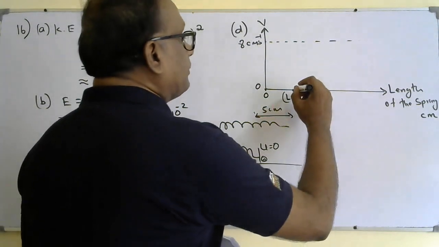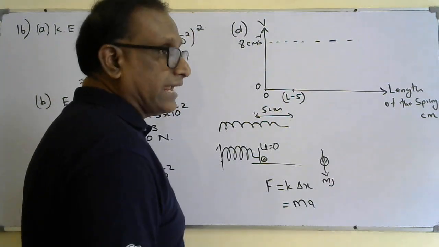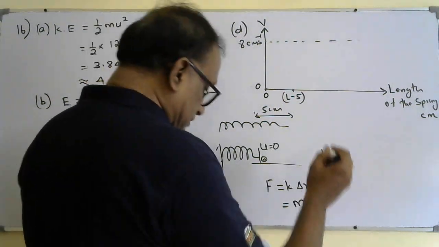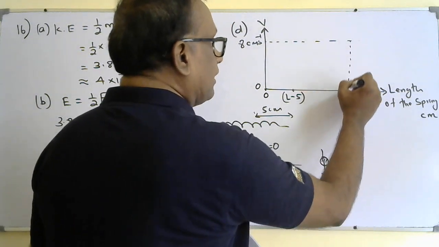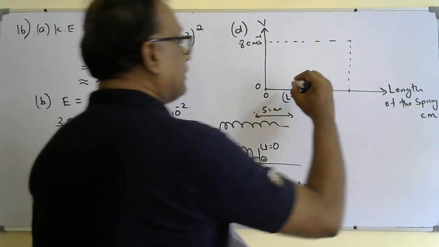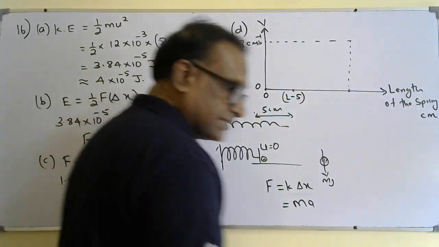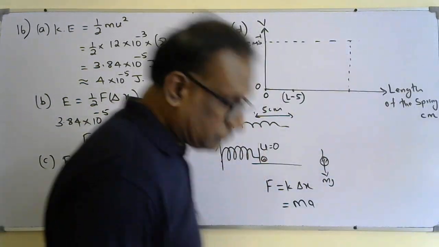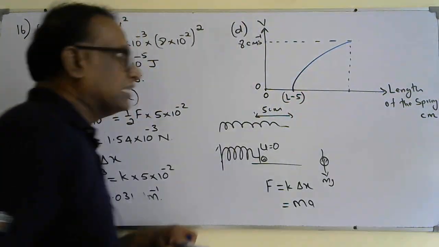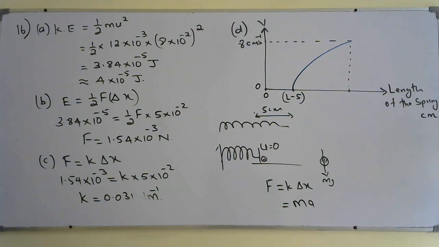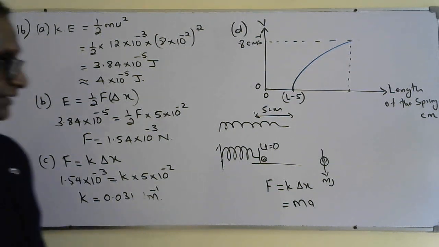So the graph will have a decreasing gradient. When the length becomes L, marked here, the velocity will become 8 centimeters per second. So the graph must be this shape: a curve with decreasing gradient.